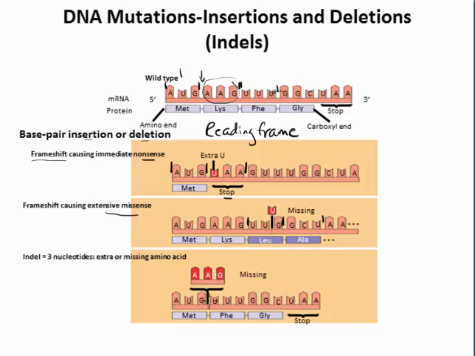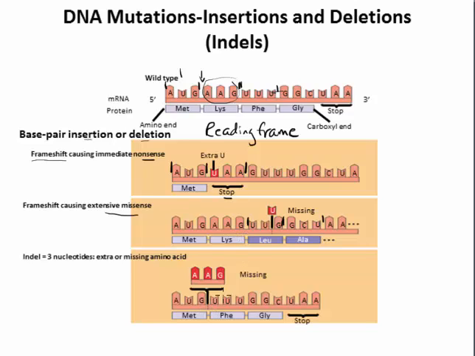Well, that would essentially delete that amino acid from the protein sequence, because if that sequence is not there in the mRNA, the ribosome will not make that sequence available for the tRNAs to bind to, obviously, and therefore no amino acid will be delivered at that position that should be there. And so what we have then is a missing or deleted amino acid in the sequence. In this case, we'd be missing this lysine amino acid that should be right after the methionine.